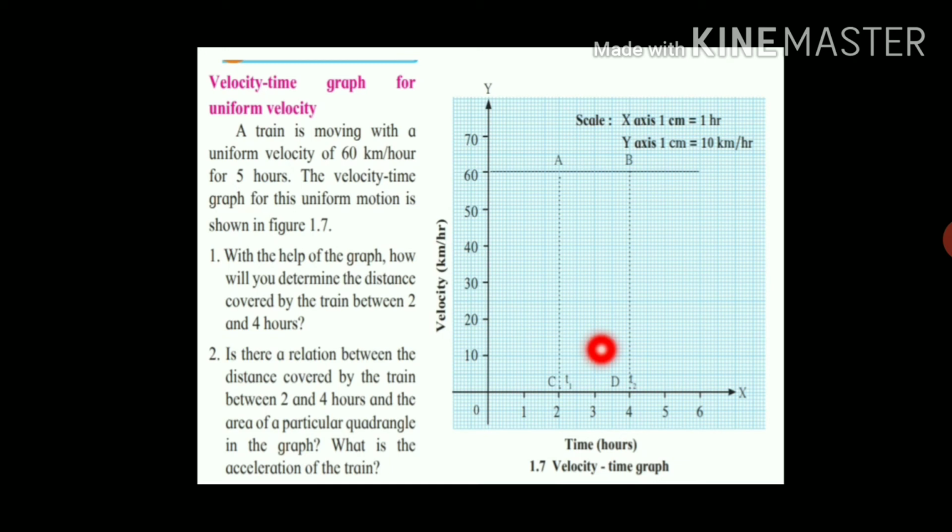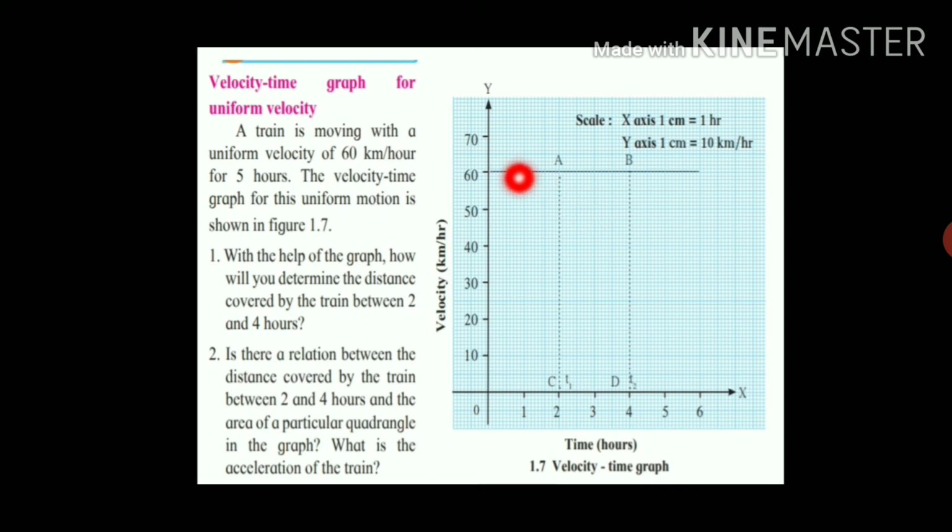Now what is the acceleration of the train? There is no change in the velocity of the train, and when there is no change in velocity, the acceleration is 0. There are 3 types of acceleration we already studied: positive acceleration, negative acceleration and zero acceleration.